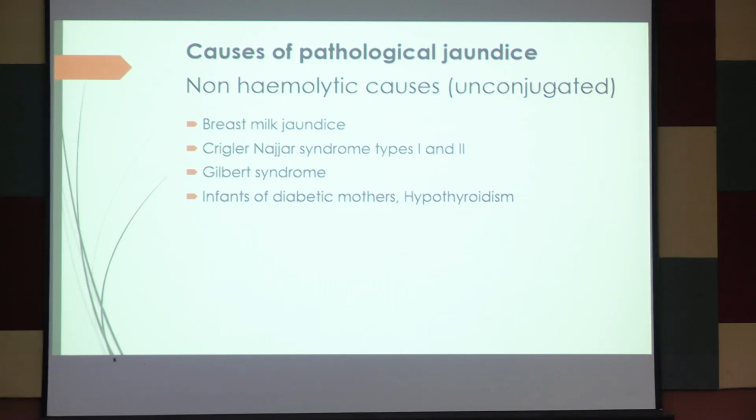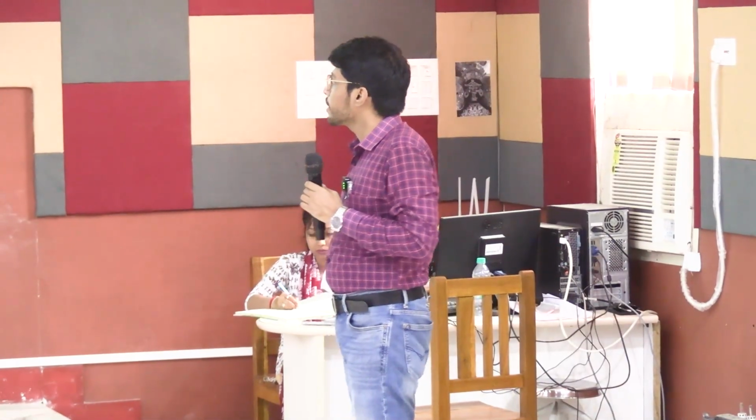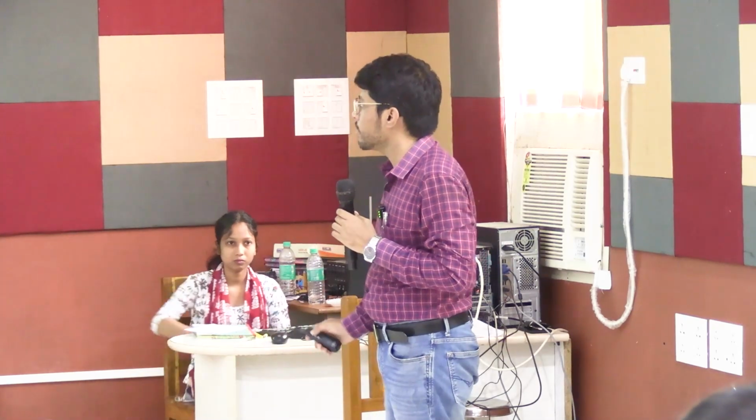Now, there are some non-hemolytic causes of pathological jaundice. Breast milk jaundice, because beta glucuronidase is present in breast milk, that increases enterohepatic circulation. Then Crigler-Najjar syndrome types 1 and 2, where the enzyme is completely or nearly completely deficient.